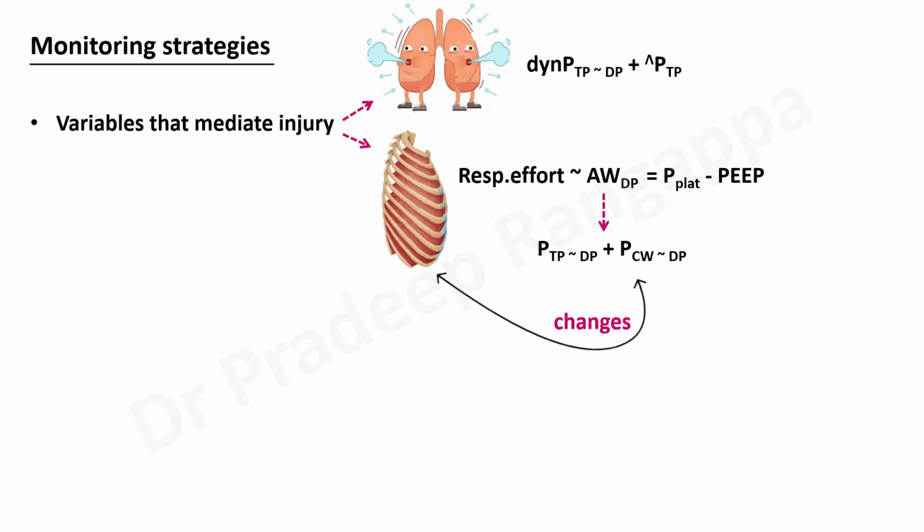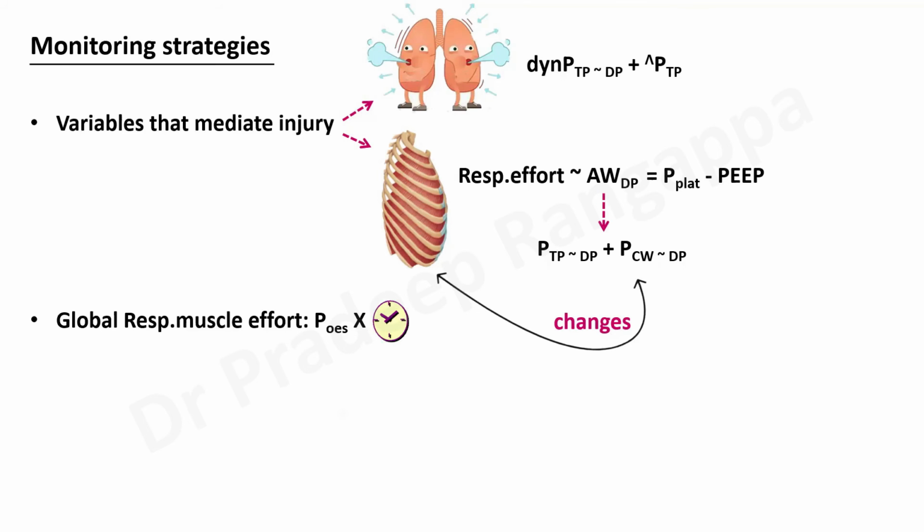So changes in respiratory effort have a bearing on the chest wall driving pressure, and on your driving pressure. So it is important to understand that your driving pressure is not only influenced by the underlying lung pathology or the ARDS, it is also influenced by your chest wall dynamics as well.